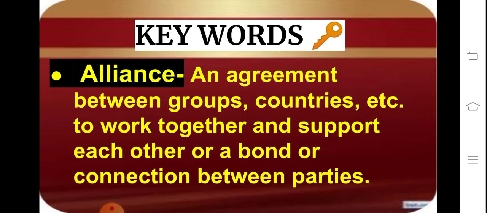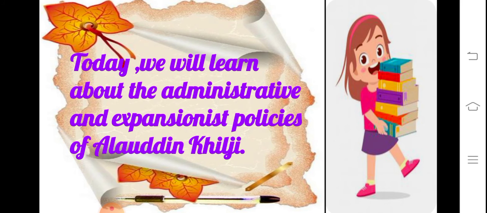Then the next word is alliance: an agreement between groups, countries, etc., to work together and support each other, or a bond or connection between parties. Got it? Today we will learn about the administrative and expansionist policies of Alauddin Khilji.